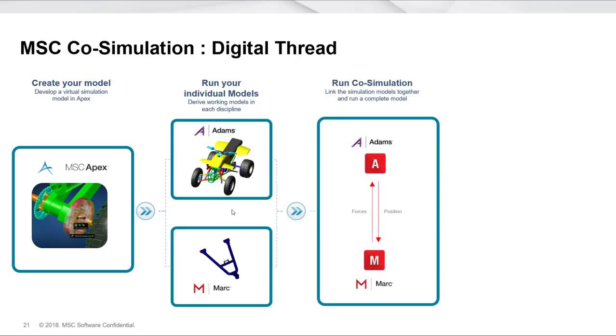At each stage, the solvers will connect and share information about the simulation that we're running. So the Adams simulation will run. It will then, in this case, swap positional information with Marc, which will then run and swap the force information with Adams. In this way, we'll start an iterative process to share the simulation results from each other.